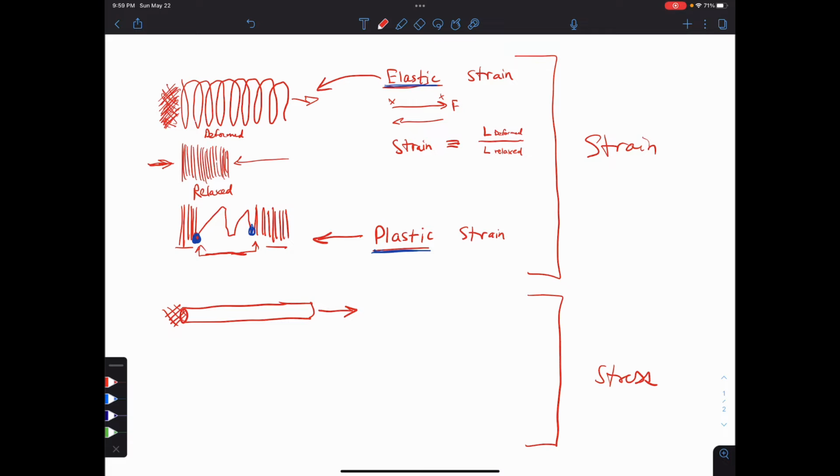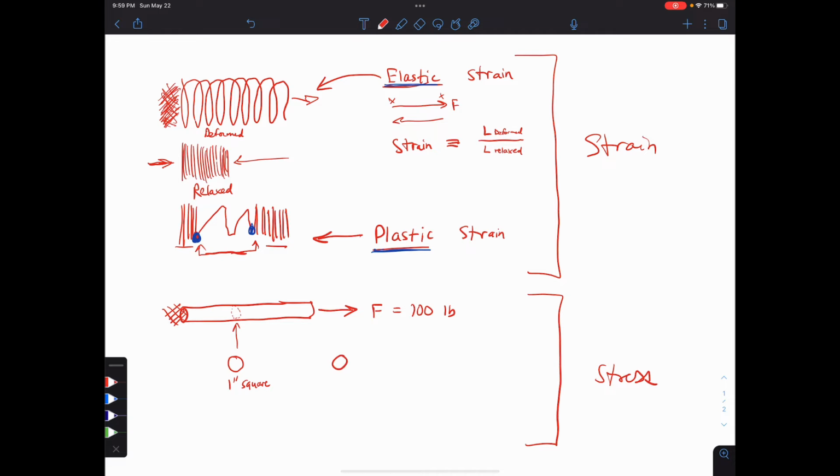Now let's just imagine, for the sake of argument, that across the area, if I cut this like a stick of butter, then that little circle that would be left on both sides, let's imagine that it is 1 square inch, okay? And if I looked at it from the end, it would look like that, and it's 1 inch square total area, right? Now, I'm pulling on it with a force. Let's imagine that that force is equal to 100 pounds.